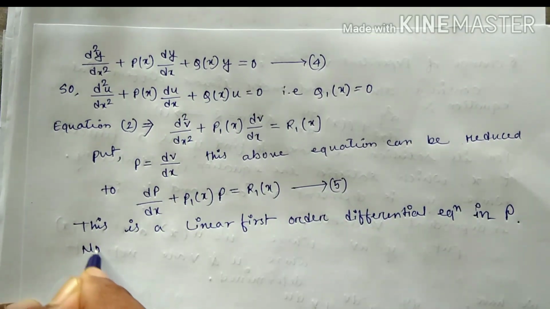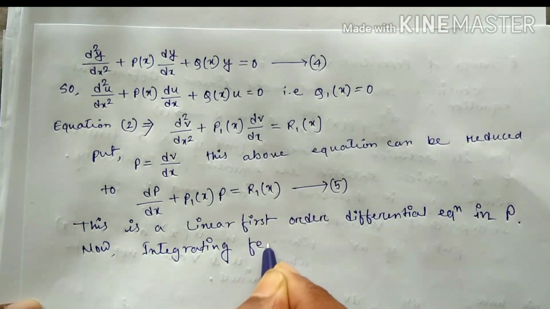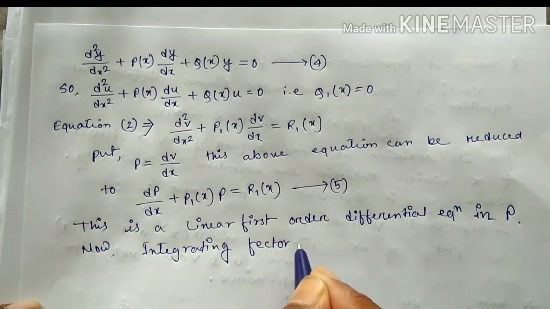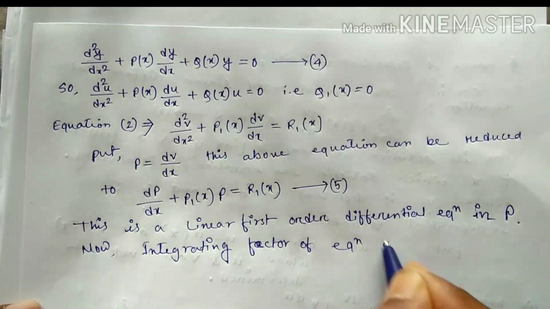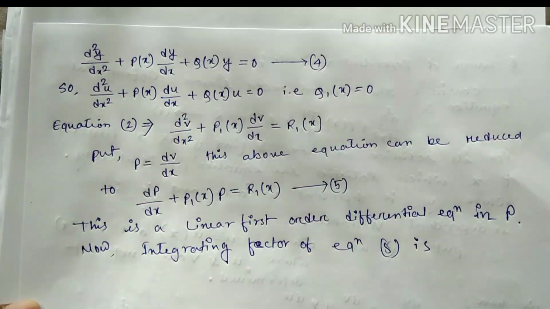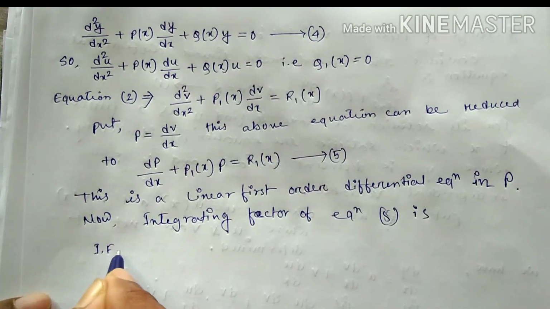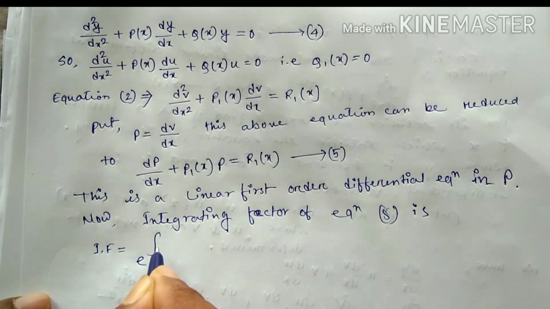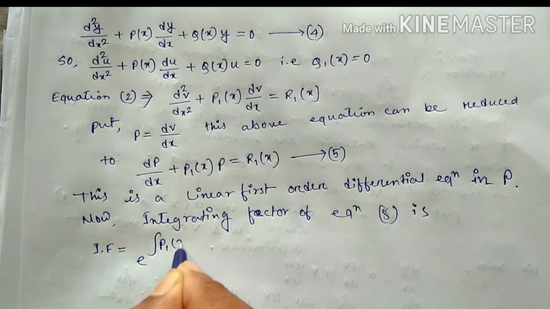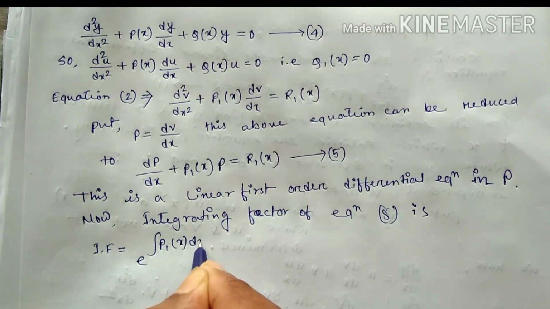Now integrating factor of equation 5 is I.F. equal to e to the power integration p1 of x dx.